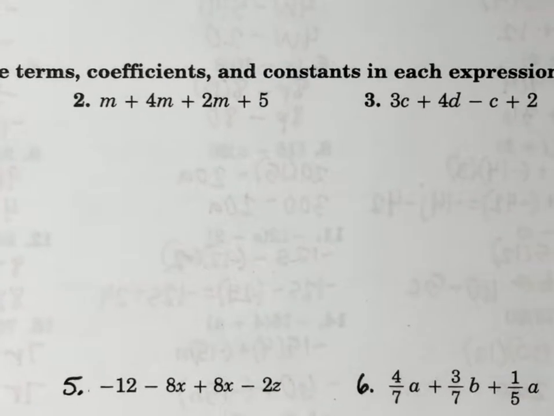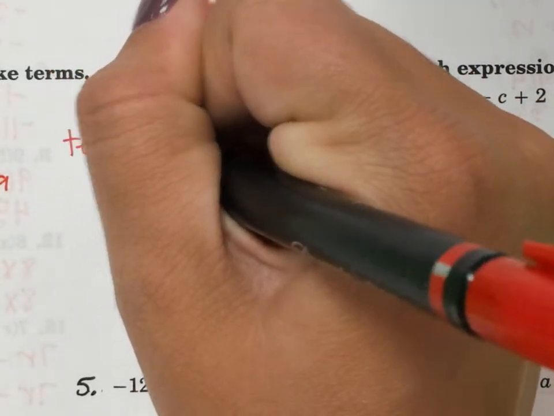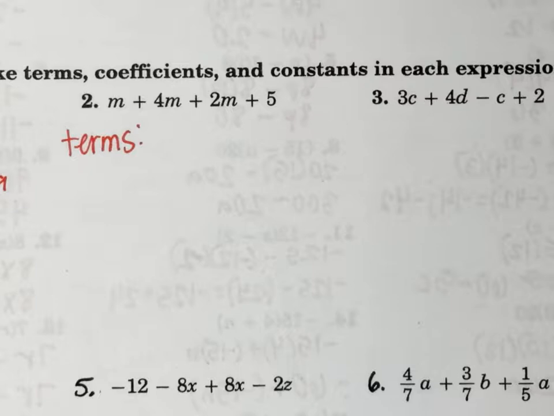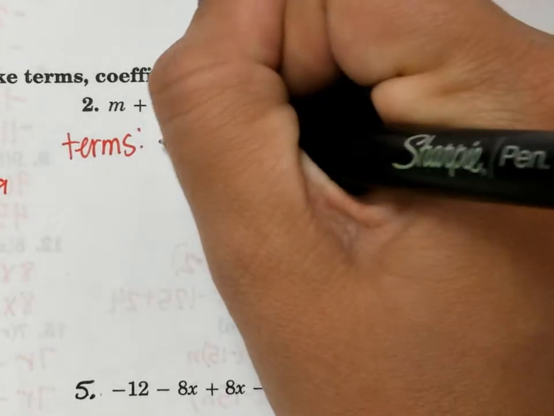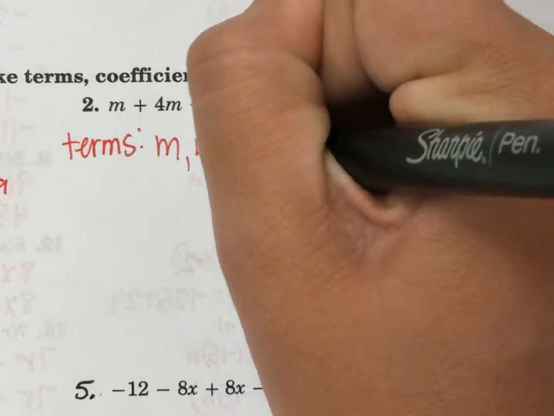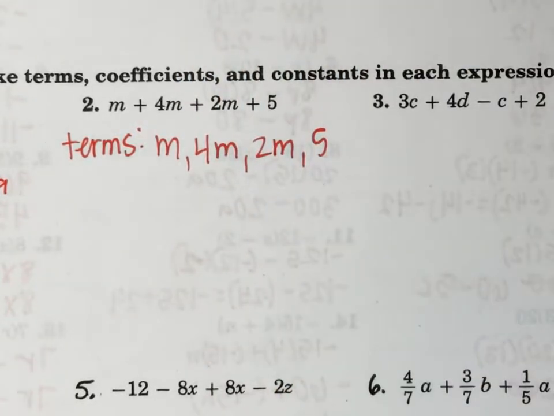Let's look at number 2. What are my terms? Good. m, 4m, 2m, and 5.